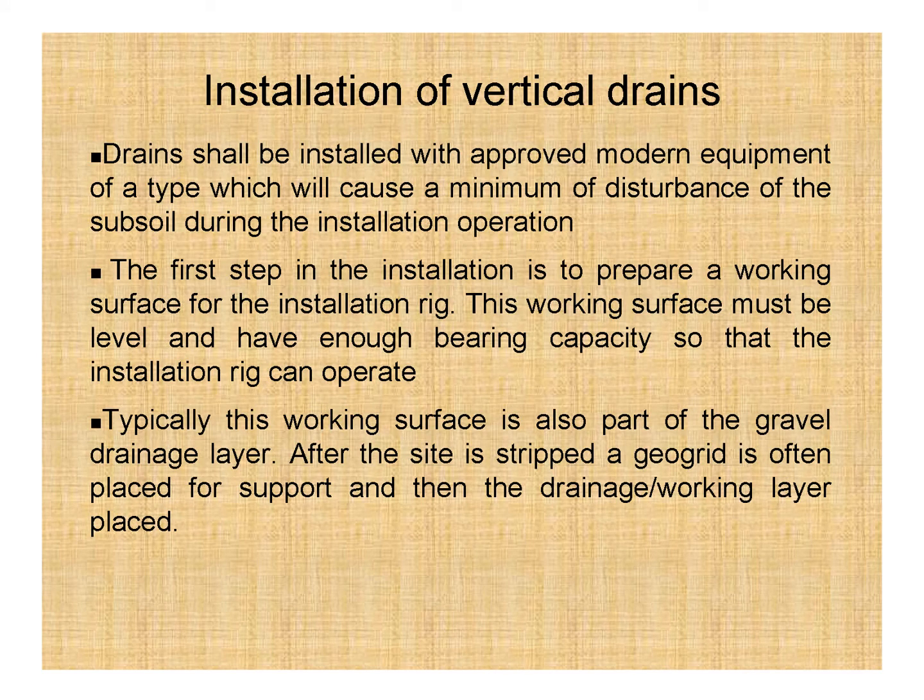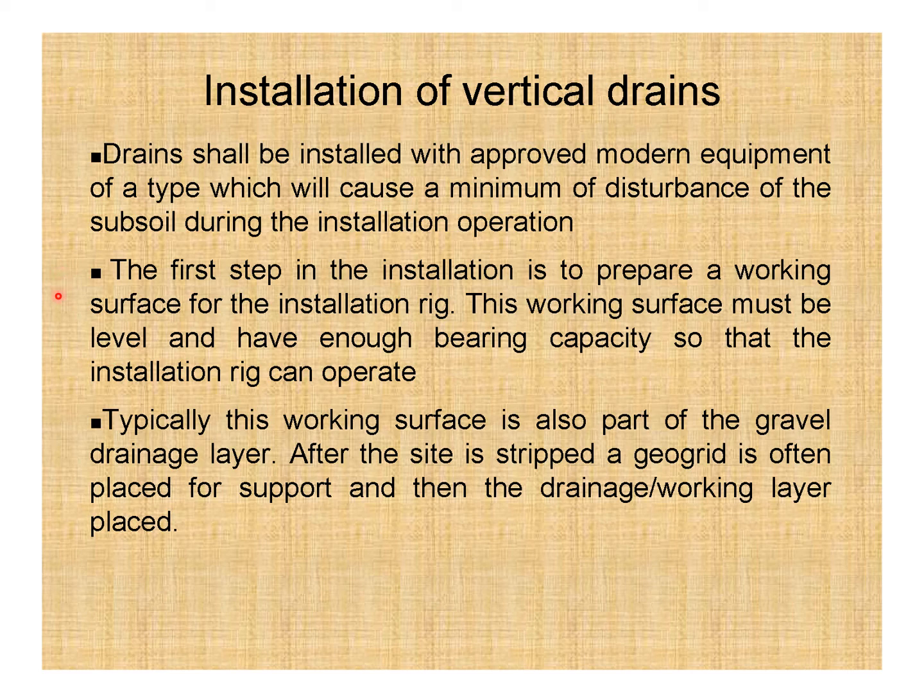Now the installation of vertical drains. Drains shall be installed with approved modern equipment of a type which will cause a minimum of disturbance of the subsoil during the installation operation. The first step in the installation is to prepare a working surface for the installation rig.